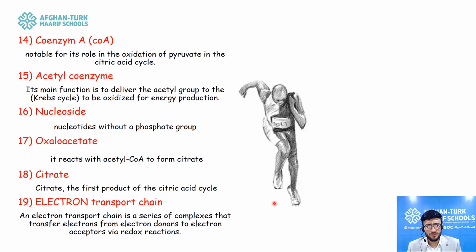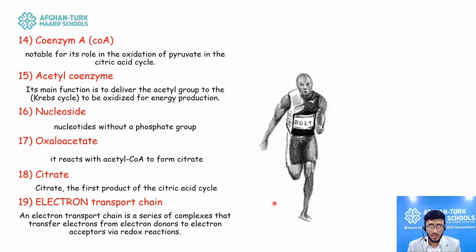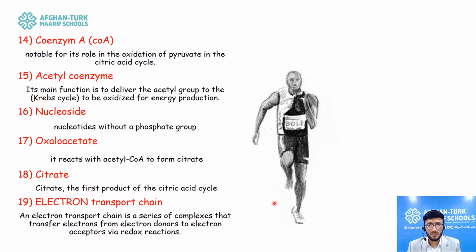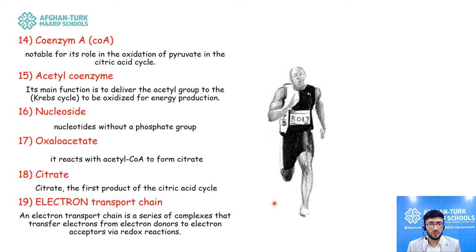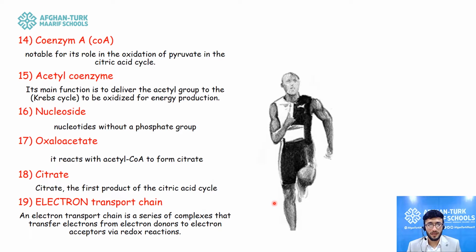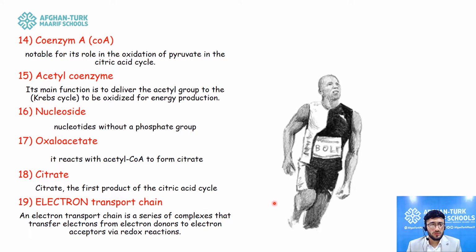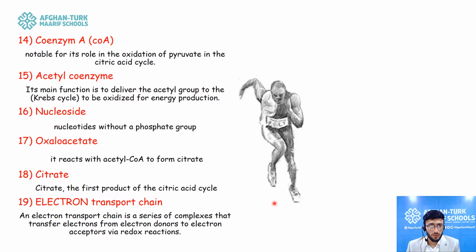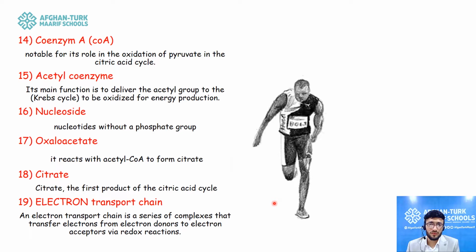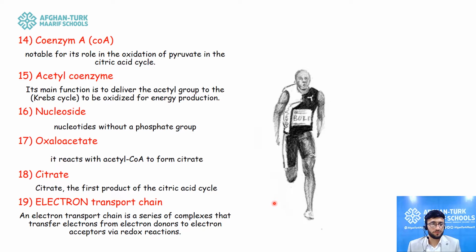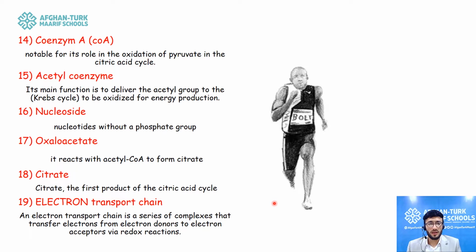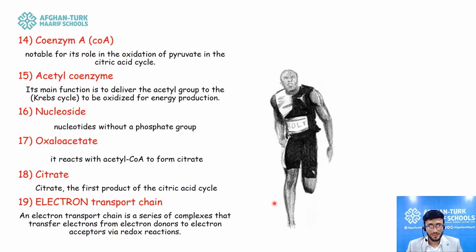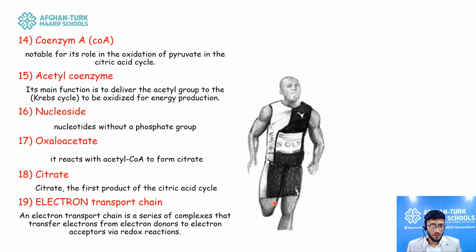Other important terms that you should be familiar with in order to understand cellular respiration are coenzyme A and acetyl coenzyme. These are two enzymes which are notable for their functions inside different reactions of cellular respiration. A nucleoside is similar to a nucleotide, but it lacks phosphate groups.